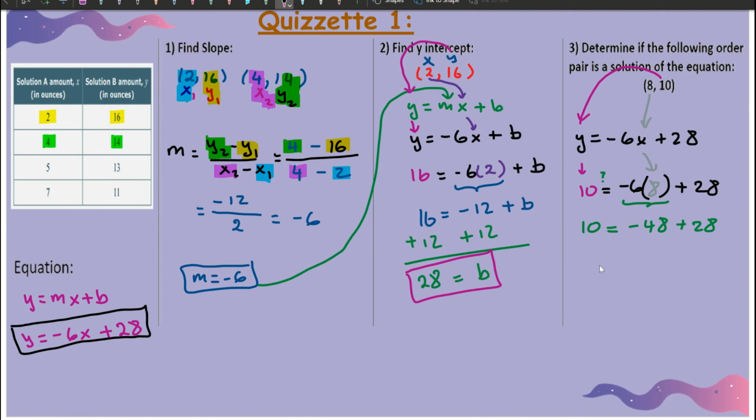That gives us 10 equals negative 20, which is a wrong statement. So this is not true, it's a false statement. So this point, 8, 10, does not satisfy the equation. It is not a solution.